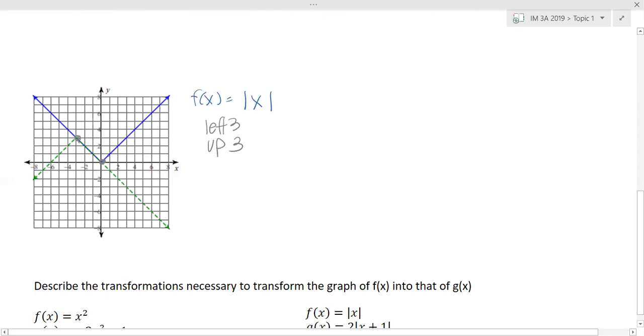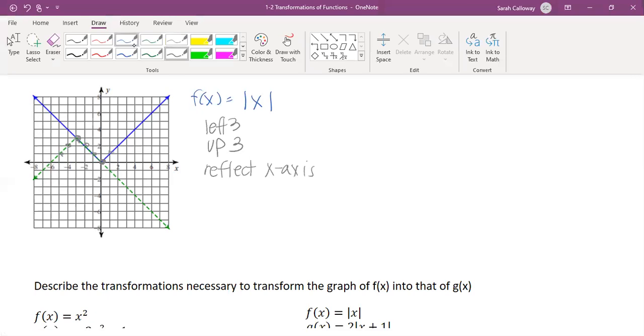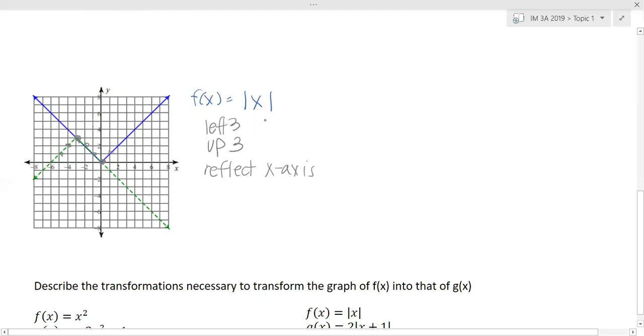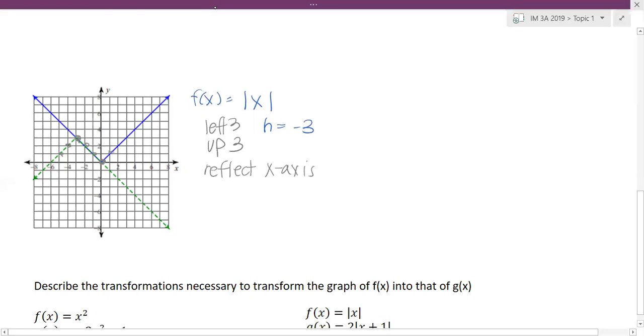And then if we check out the pattern, it was up 1 over 1. Notice the pattern stays the same, but because it's pointing downward, we have a reflection over the x-axis. So just a reminder, let's see what each of those things mean. Left 3 tells us that h is equal to -3 because left is the negative direction.